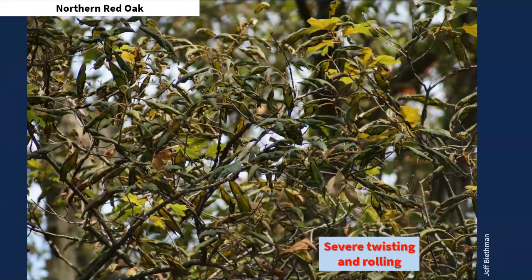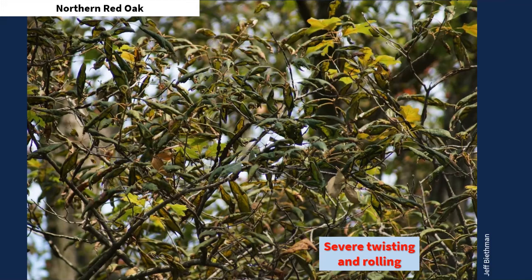And this is a more severe look with northern red oak. This is very severe twisting and rolling, and you can see those leaves are just rolled up tight. There are some insects that can do this, leaf rollers and different things that will really twist and roll these leaves as well.